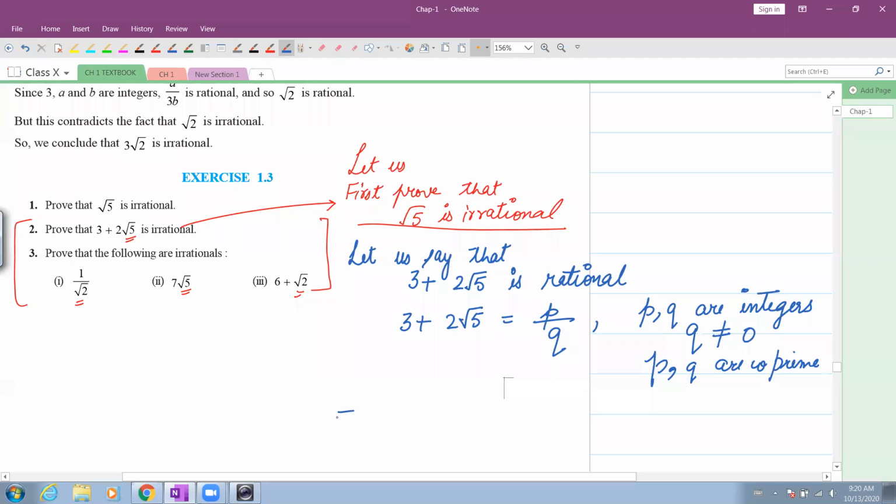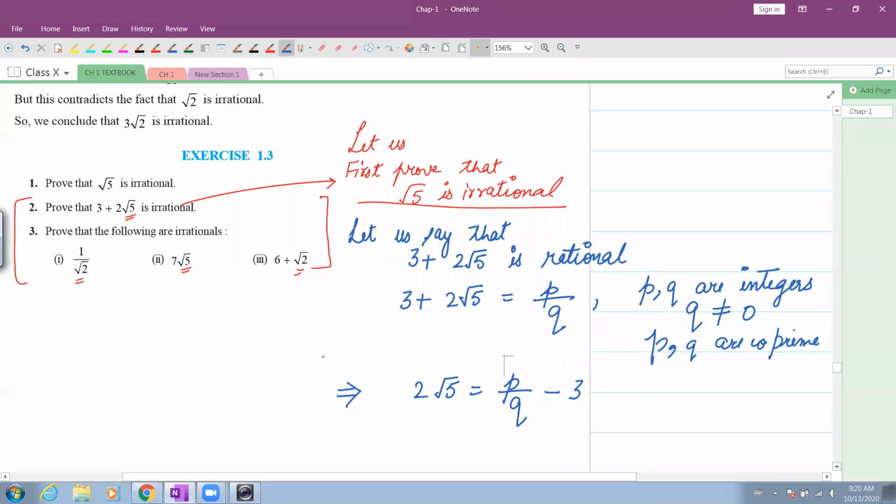And now let's simplify the result that we have. You can just cross multiply your values, or what I'm going to do is find out the value of root 5. So this is something you want to remember here, कि अपने expression में से आपको irrational part की value find करनी है.